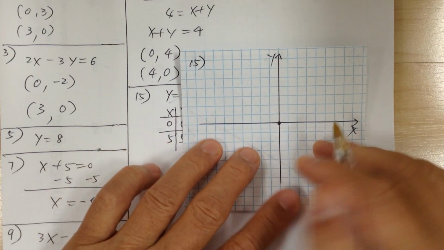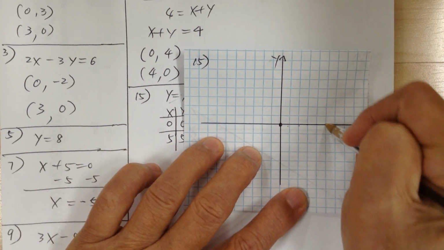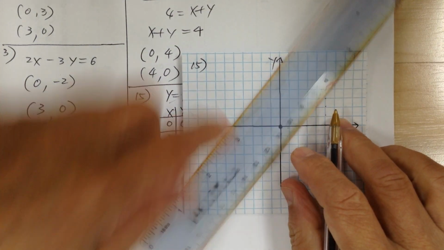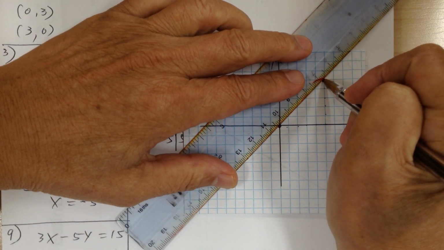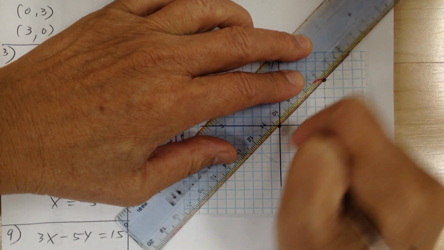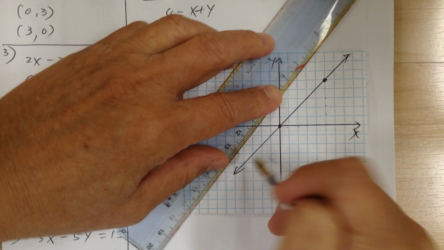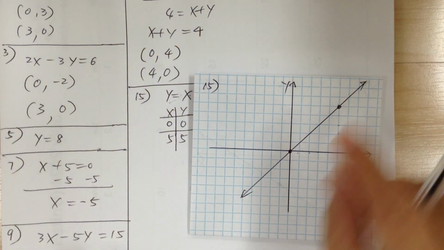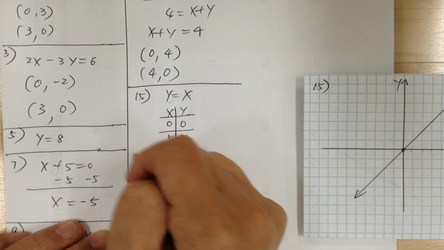The next point is 5, 5. So 1, 2, 3, 4, 5, and 1, 2, 3, 4, 5. Then you connect the two dots. And remember to draw the arrow at the end. The arrow tells you that the graph keeps going and continues on forever.